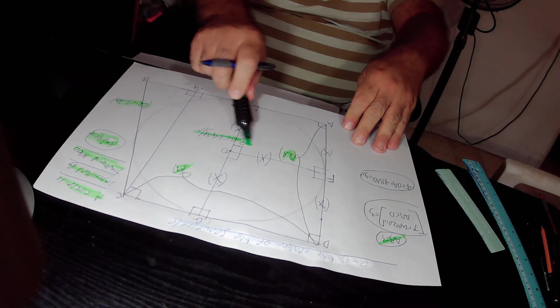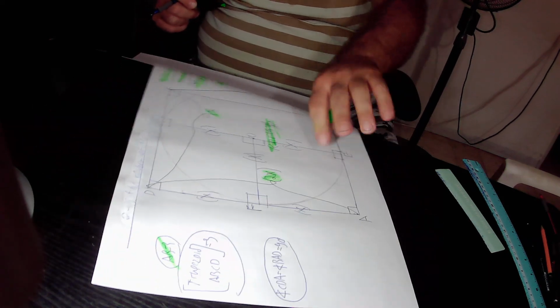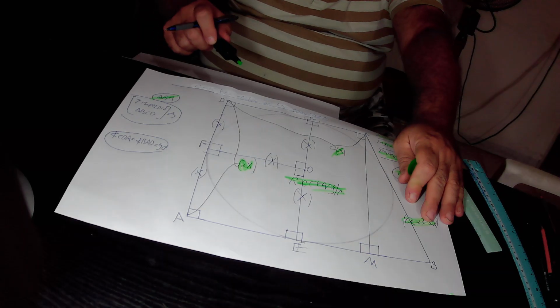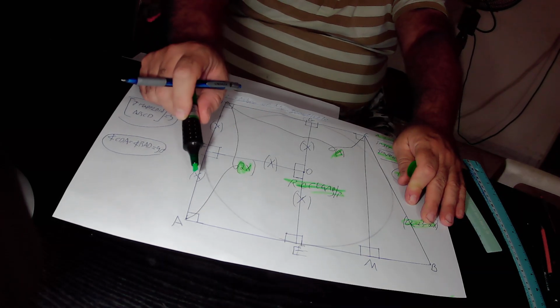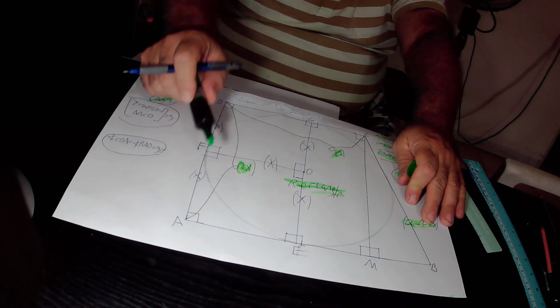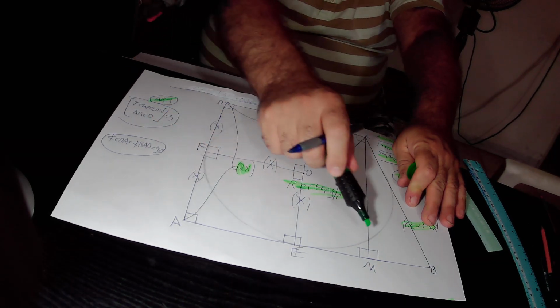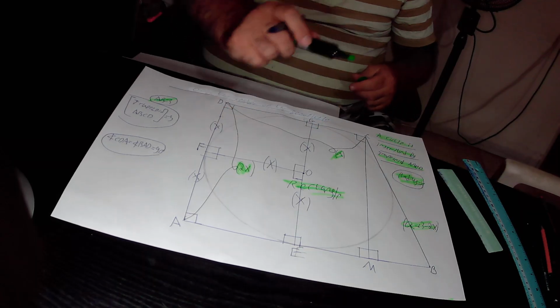But we also know that the opposite sides of a rectangle are equal to each other. So in the big rectangle DCMA, side DC must be equal to the opposite side MA or AM. But DC equals a, therefore the opposite side AM must also equal a units in its length.